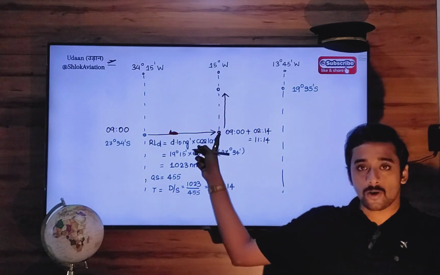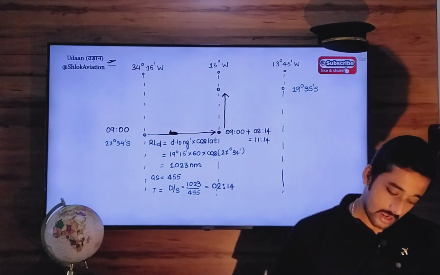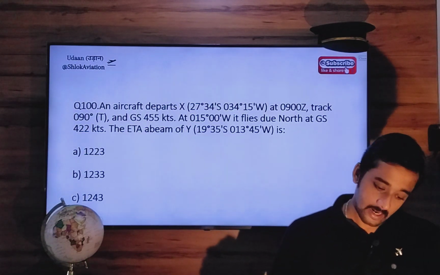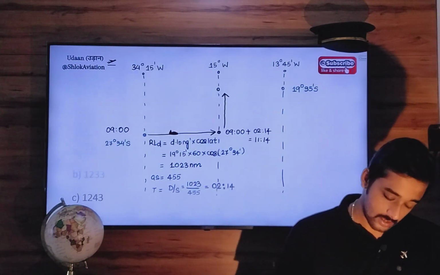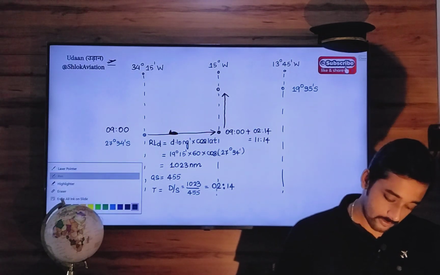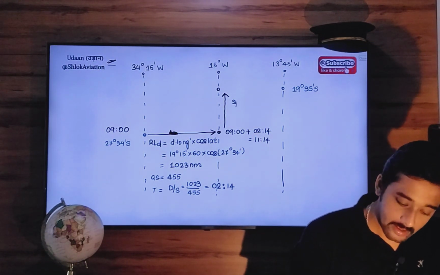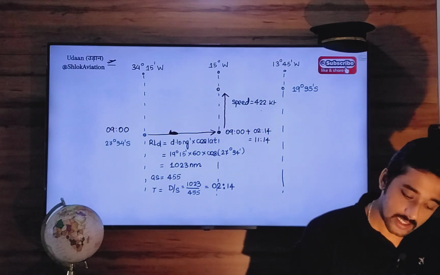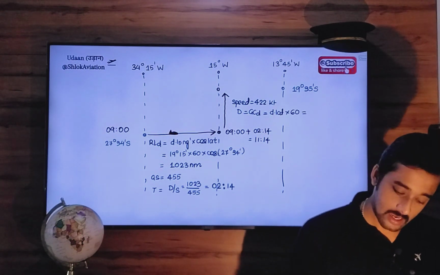Now at 11 hours 14 minutes, it changes its direction from easterly to northerly. It flies due north at a new speed of 422 knots. This distance is the great circle distance, d lat times 60.